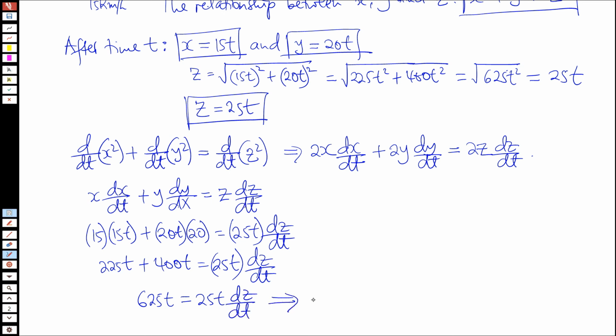So that implies that dz over dt will be equal to 625t over 25t, which is just 25.